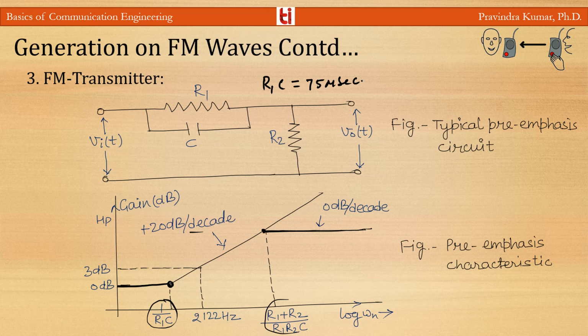So here there is plus 20 dB per decade, here there is minus 20 dB per decade, and the 3 dB point will be at 2122 hertz.